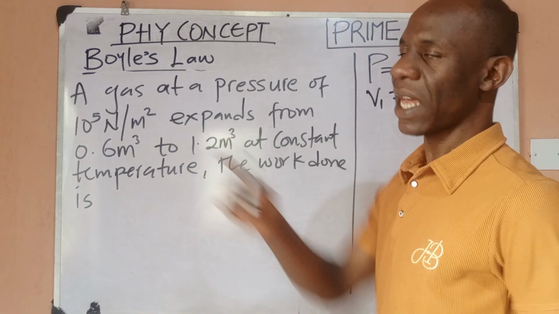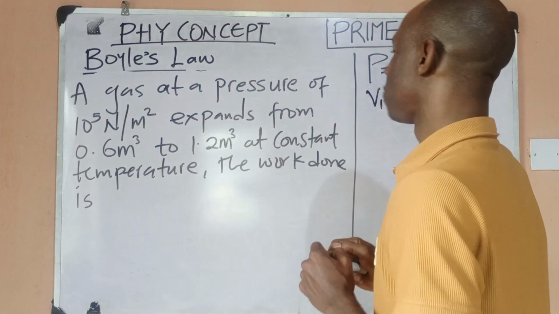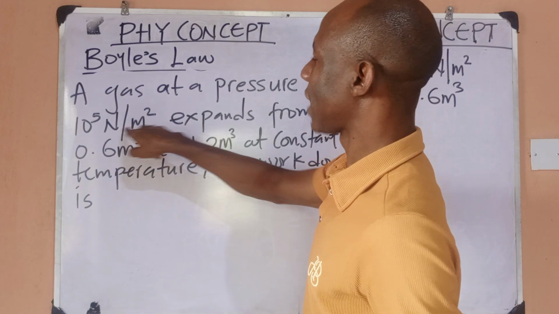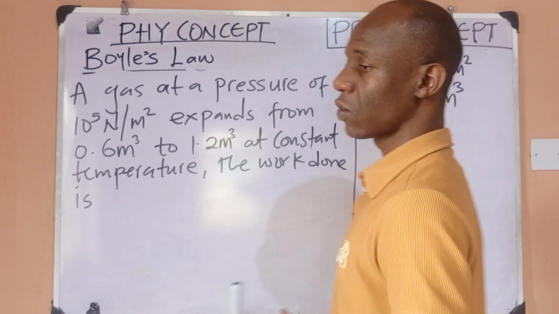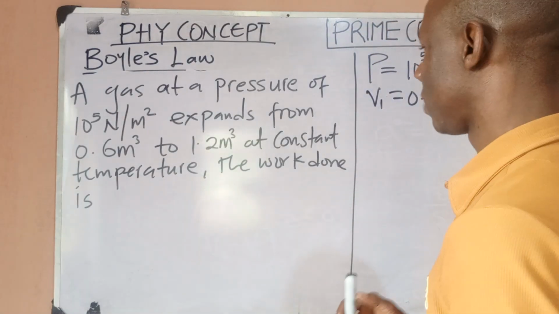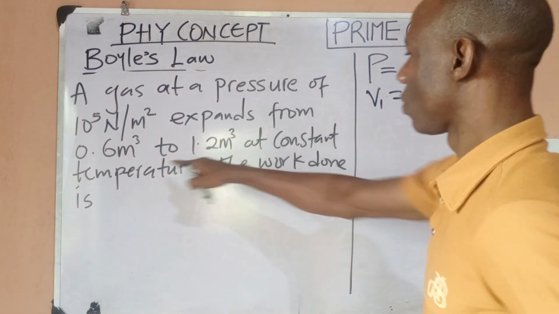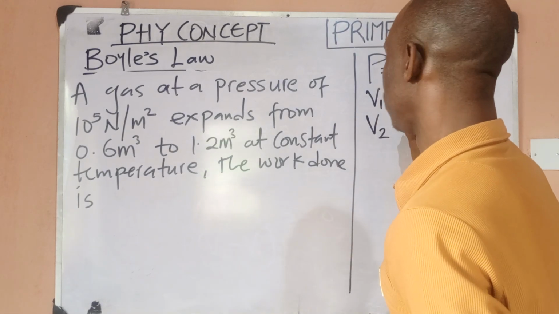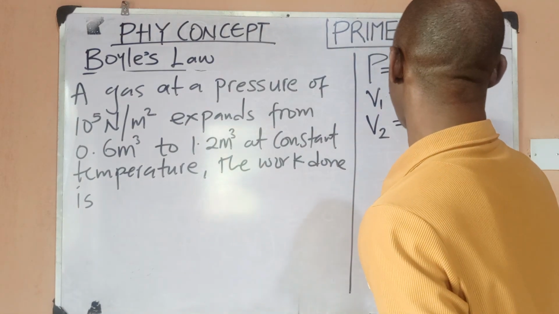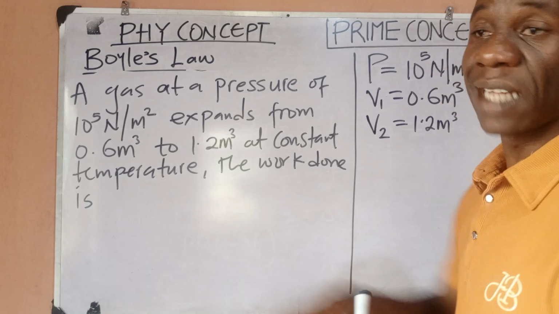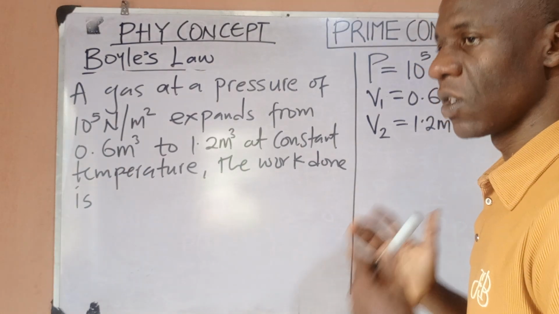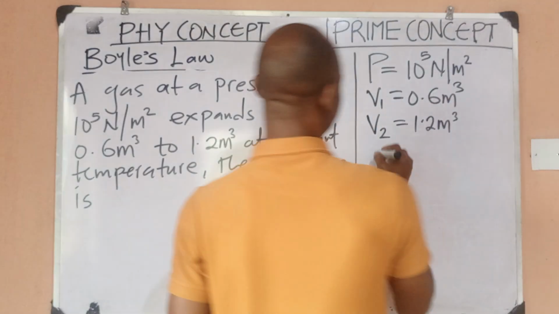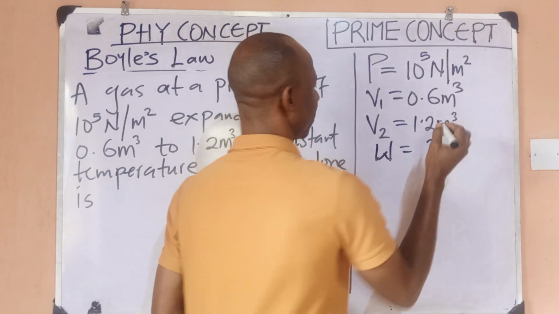So take note, meter cube is the SI unit of volume, so that is why we're using it here. And Newton per meter square is the SI unit of pressure. So there is no need for us to convert. So from this to this, our V2 final volume is 1.2 meter cube at constant temperature, which tells you that it's Boyle's law.